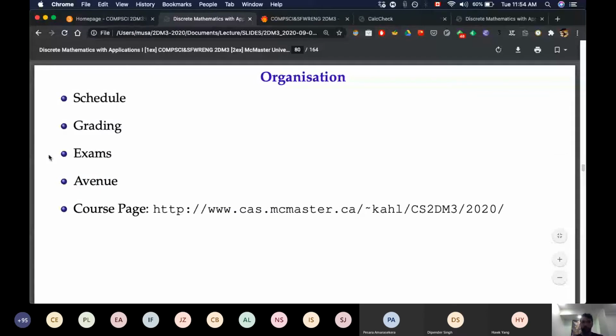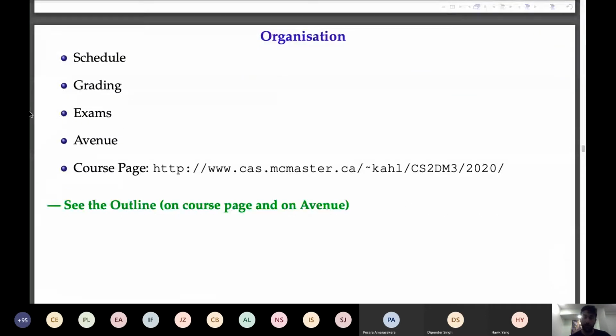So everyone should have access to the outline available on Avenue. It covers a lot, so please take the time to actually read it. As I mentioned earlier, there will be exercises, homeworks, and assignments. In particular, there will be a homework right after this lecture, due before the next lecture, and it's just to get you familiarized with the CalcCheck system, right?